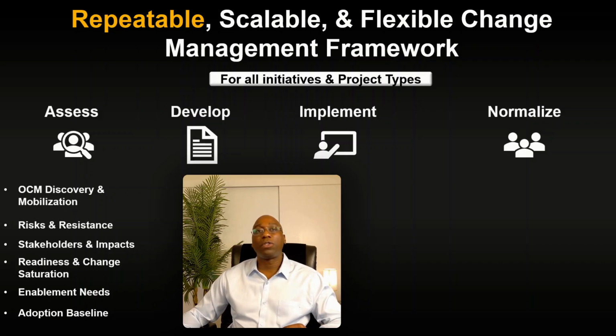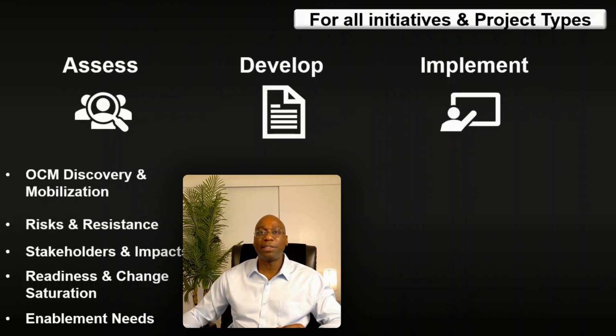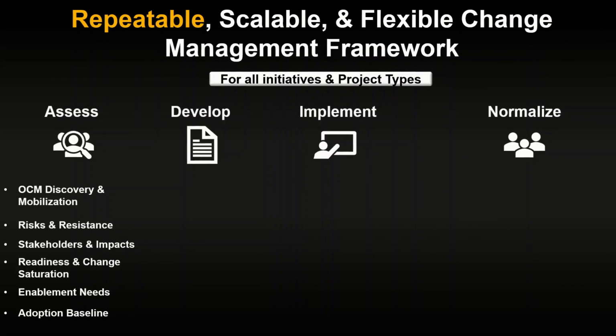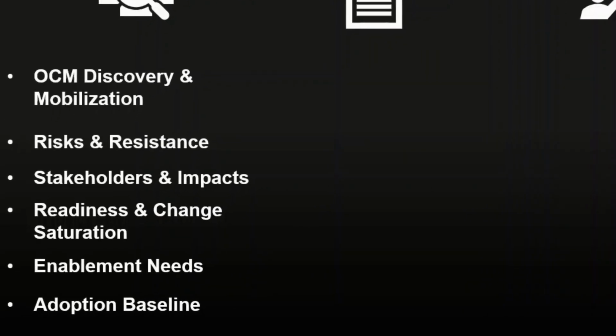The change resource should also conduct a change risk and resistance assessment, as well as assessing stakeholders and the levels of change impact. They also want to conduct a readiness and change saturation assessment to identify how ready impacted users are for a change.